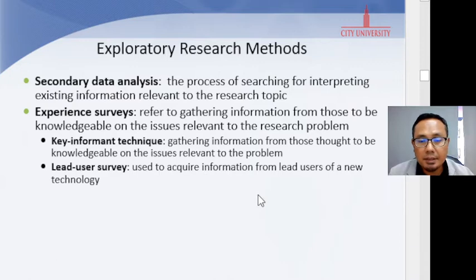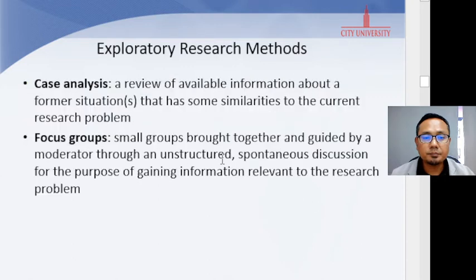For example, gathering information from those thought to be knowledgeable on the issues relevant to the problem, and a lead user survey, used to acquire information from lead users of a new technology. Okay, that's what you can use for an experience survey. You want to get information from the knowledgeable on the relevant issues.